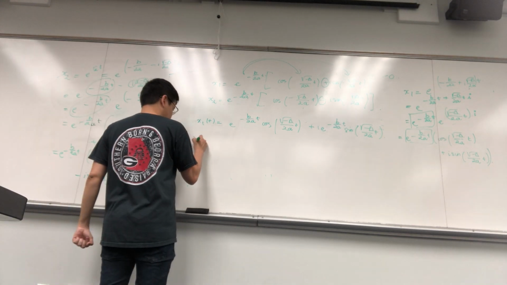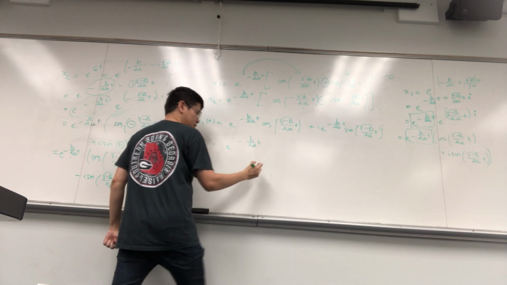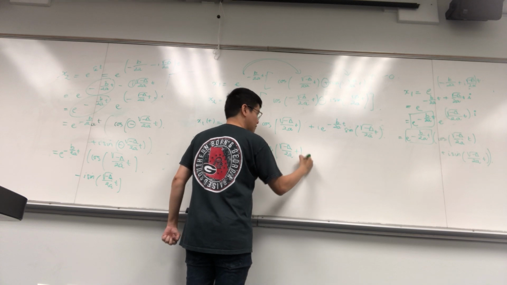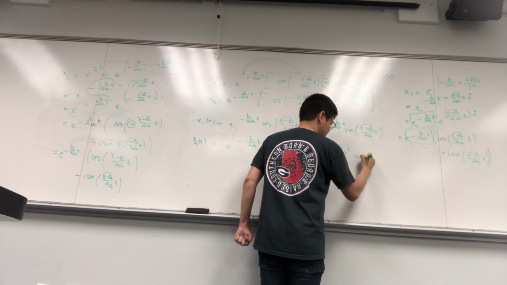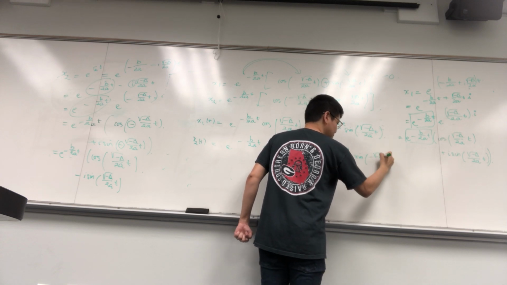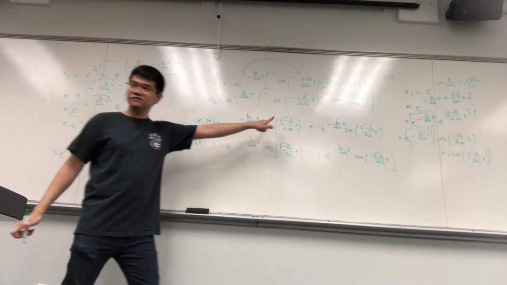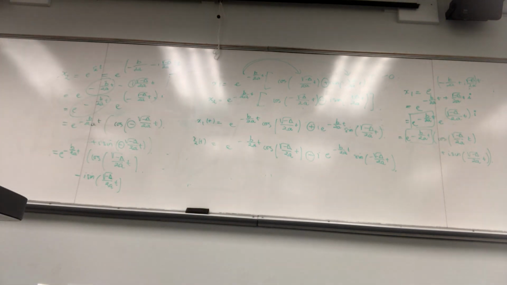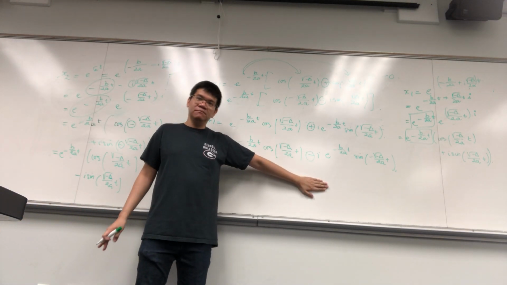And for the second one, the only difference is the minus. So x2 of t will be e to the power b over 2a t cosine of the square root of delta over 2a t minus i e to the power b over 2a t sine of square root of delta over 2a t. So the only difference between the first form and the second form is the plus and the minus. Which means that we don't have to consider x1 and x2 to be of this form.